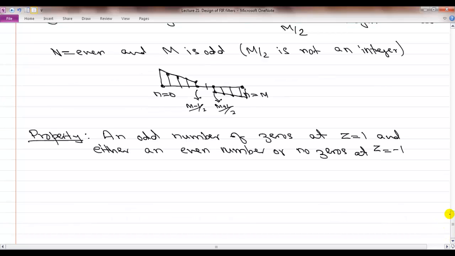So now with all the discussion, it always has zeros at z equal to 1. So is this a good choice for a low pass filter? Not a good option for low pass filtering, but it can be used for high pass filtering.